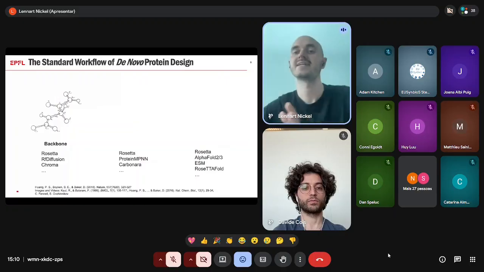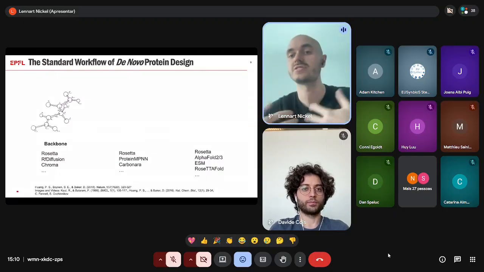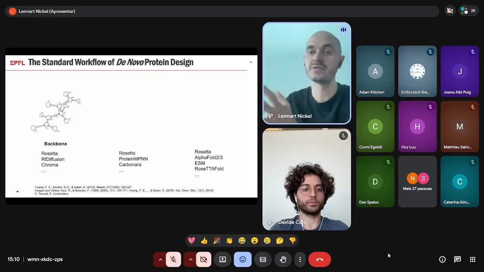If we go through a standard protein design workflow, there are three branches that in the last couple of years have become the gold standard. It starts with generating a backbone that doesn't yet have side chains and sequence information. It's more to get a rough idea of the shape of a protein. For a binder, it's usually about the shape complementarity for a target.